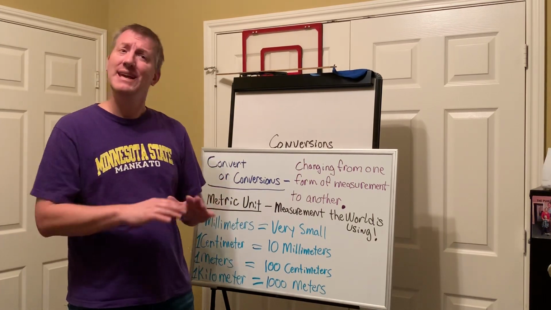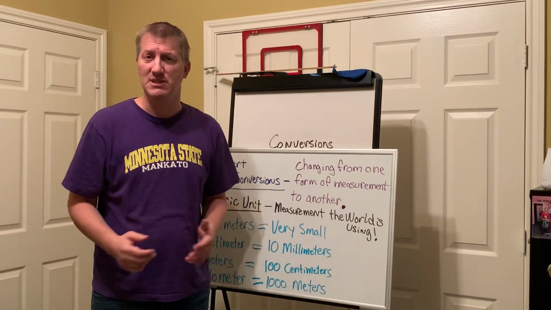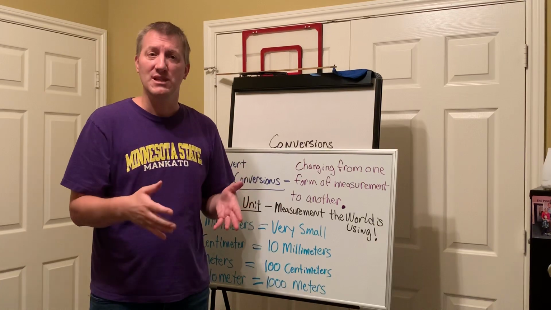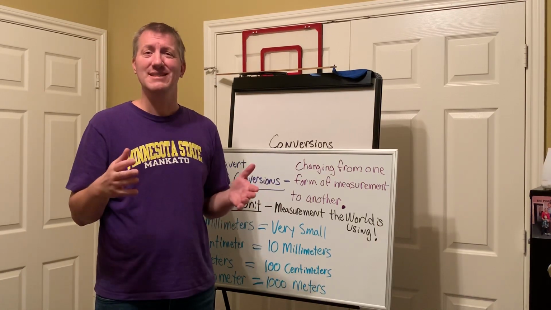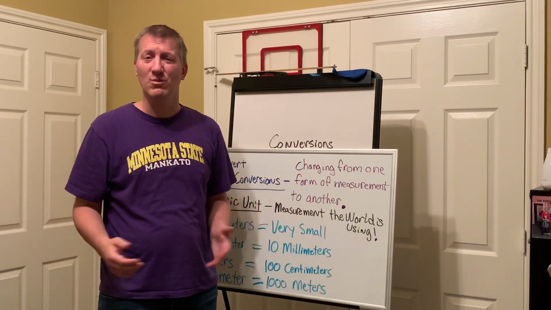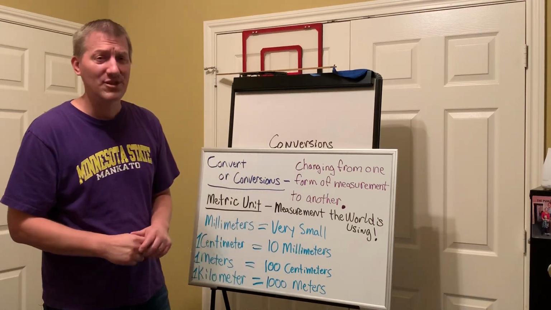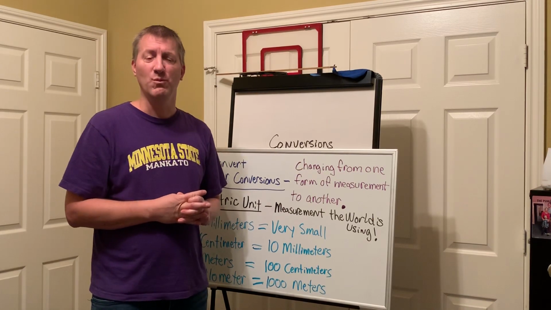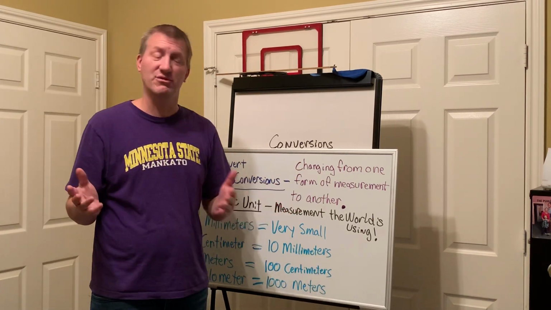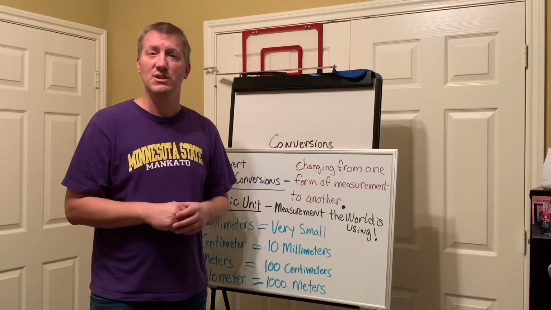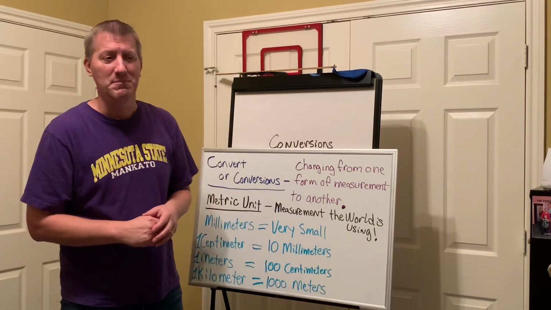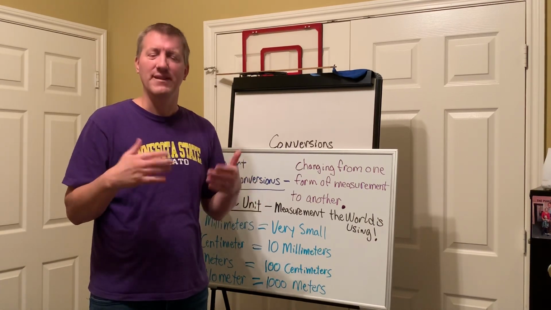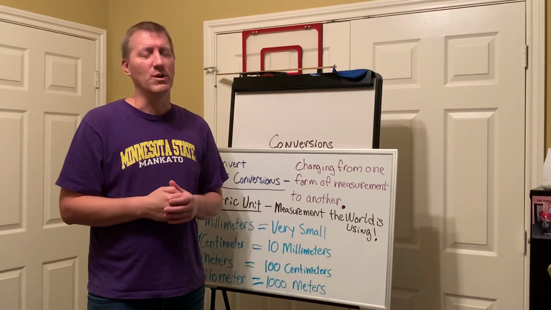Metric units of measurement are what the rest of the world uses. So the United States is very unique in that it uses customary units, and the rest of the world uses metric. Metric is supposed to be easier, and we were once going to switch to the metric unit, but because of cost and because people are stubborn and don't want change, we'll probably never change.